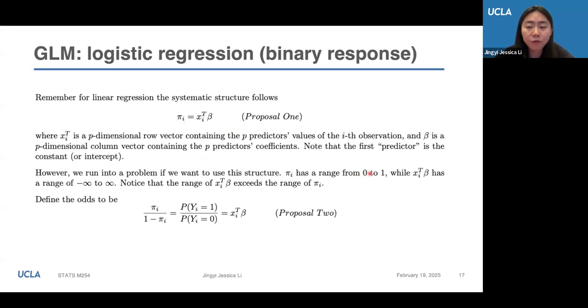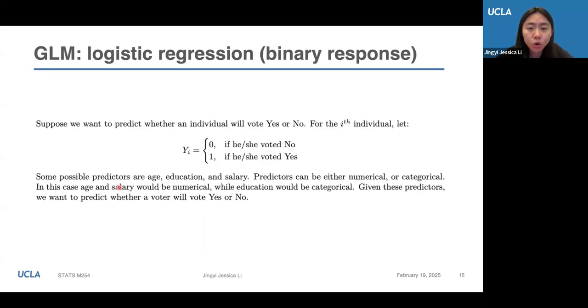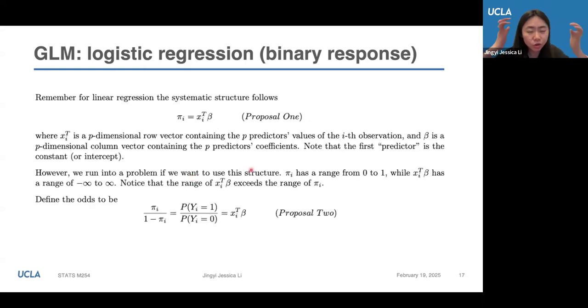The range is known for a Bernoulli probability. While on the right-hand side, the range can go from negative infinity to positive infinity, because your values here for salary, age, they're not constrained, right? They're not constrained to the 0 to 1 range. And you also didn't put any constraint on your beta. So the two sides don't have ranges matched.